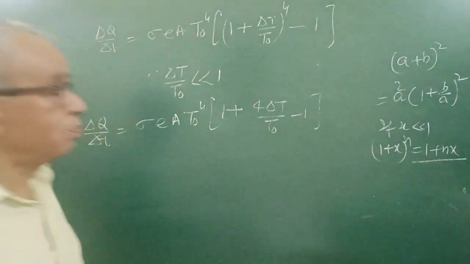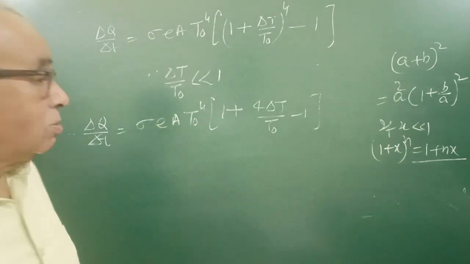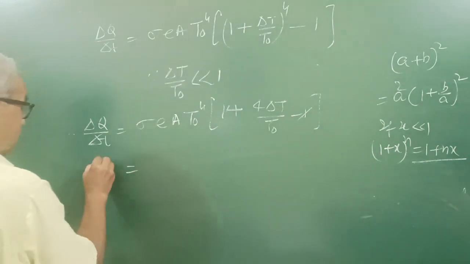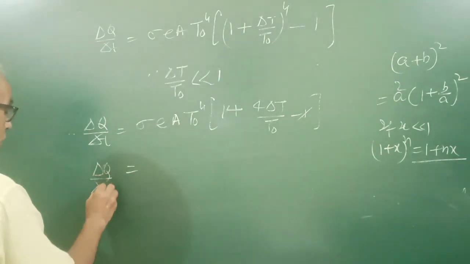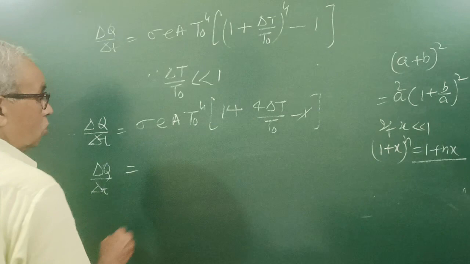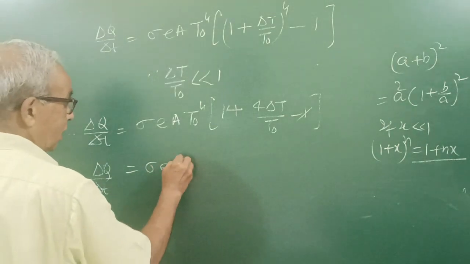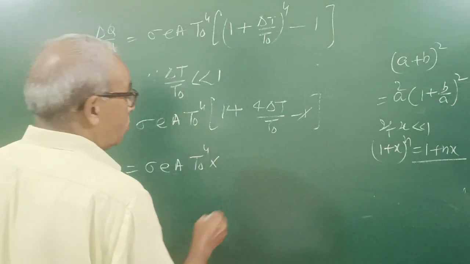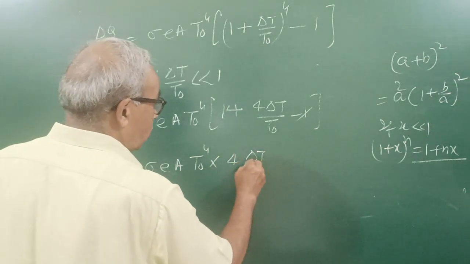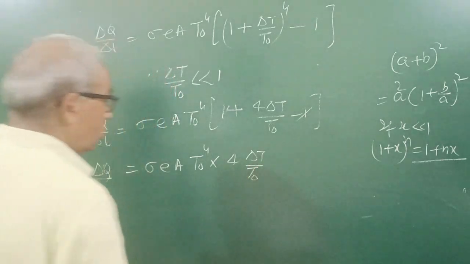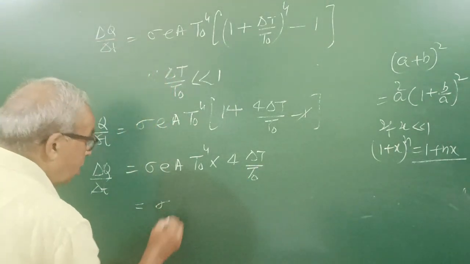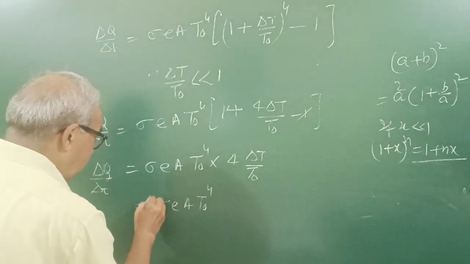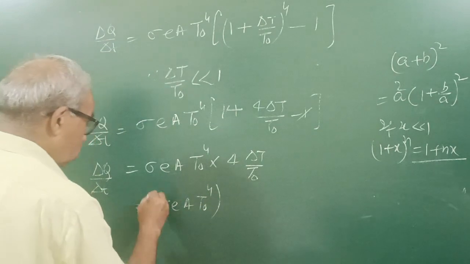The 1 cancels, so we get delta Q upon delta t equal to sigma E A T0 to the power 4 into 4 delta T upon T0, or sigma E A T0 cubed into 4 delta T.